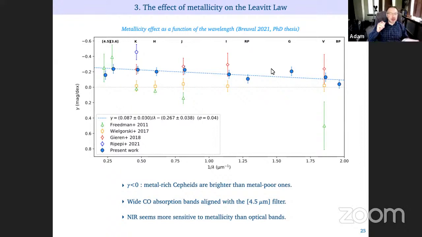So first, I wanted to bring up this issue of the universality of the period luminosity relation. I'm not totally sure what exactly picture we have in our mind when we're talking about that. But I think empirically, people are often talking about the slope of the period luminosity relation.